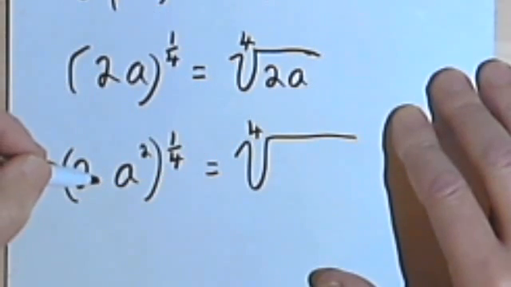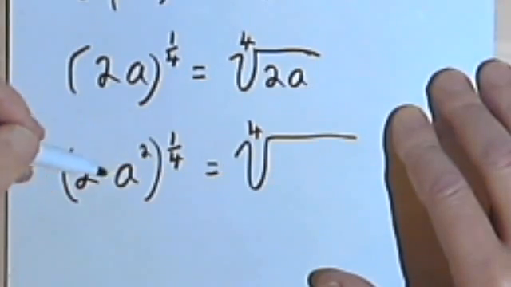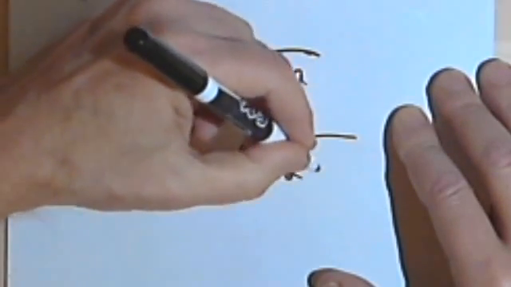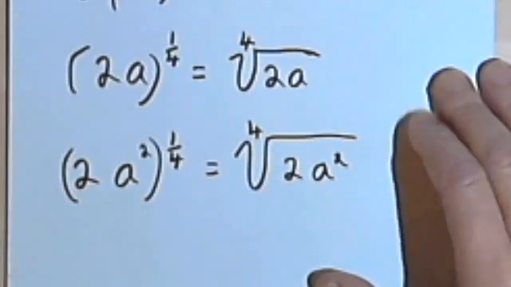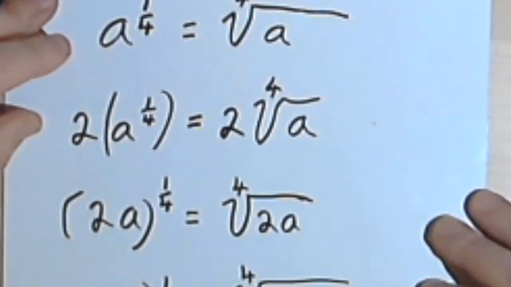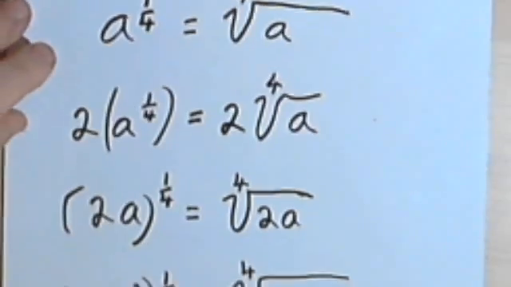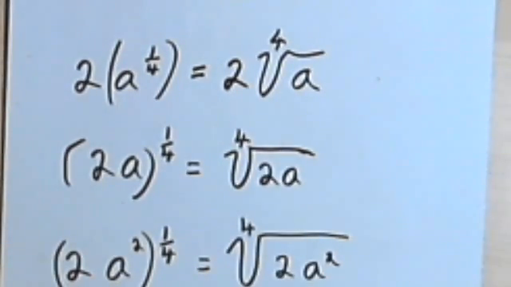And then underneath the radical sign, I'll have everything that was raised to the 4th power, which is 2a squared. Okay? Make sure these make sense to you. And now we're going to do a whole bunch of examples going back in the other direction, going from radical signs to rational exponents.